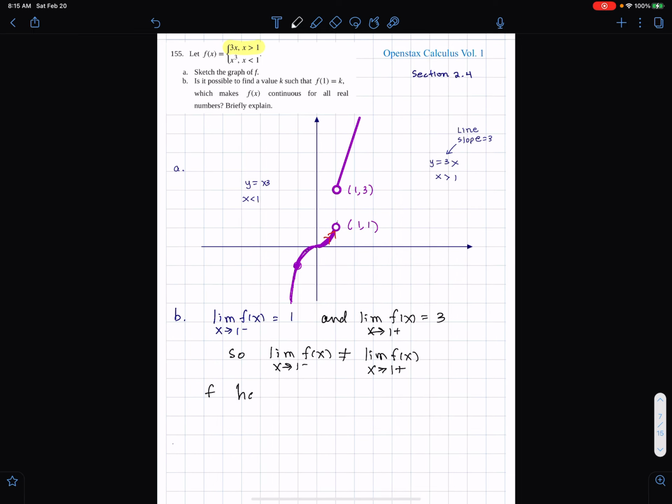f has a jump discontinuity at x equals 1.